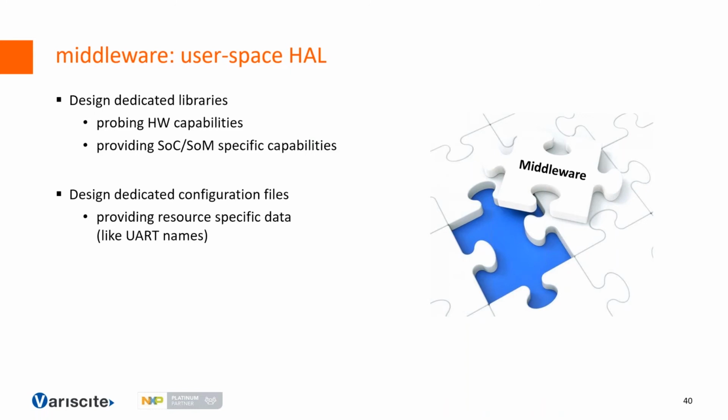You can also prepare some configuration files, for example for the UART names, that will simplify the application. You just have to take care that the configuration file specifies which UART you're going to access.